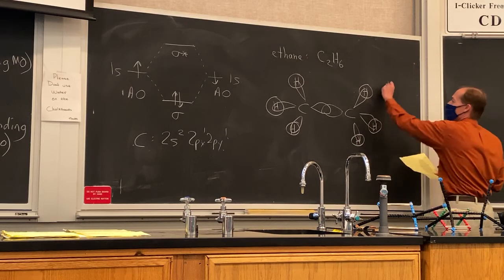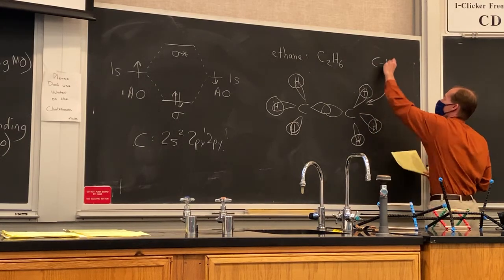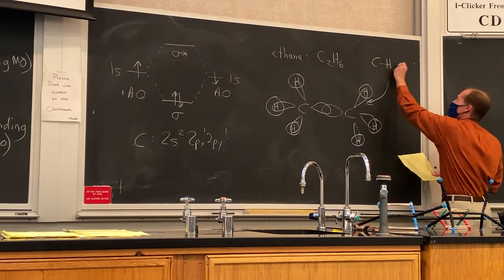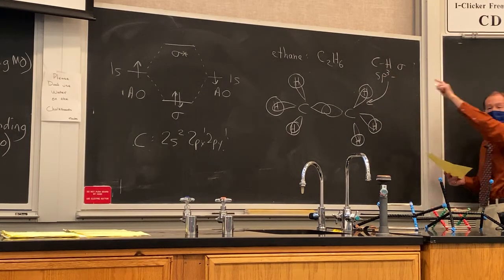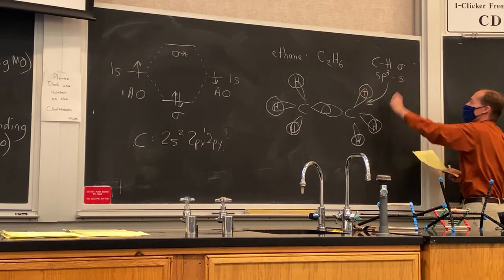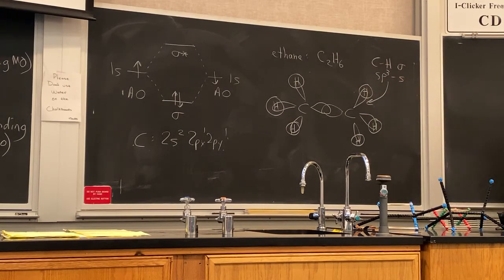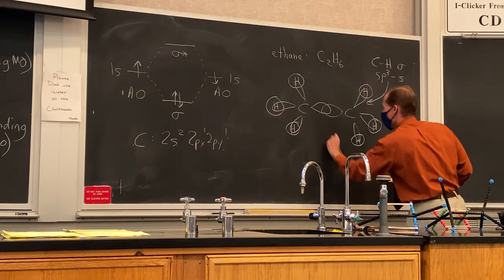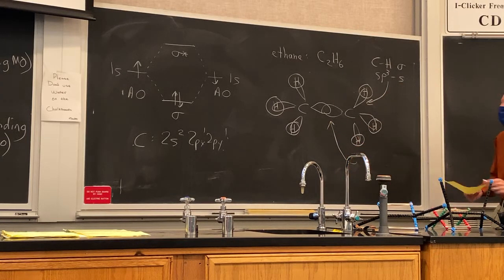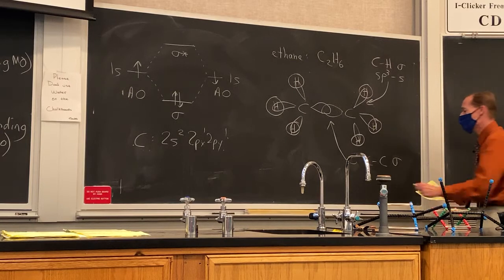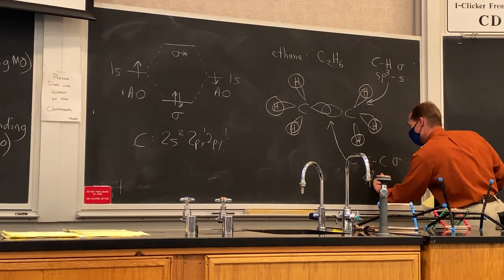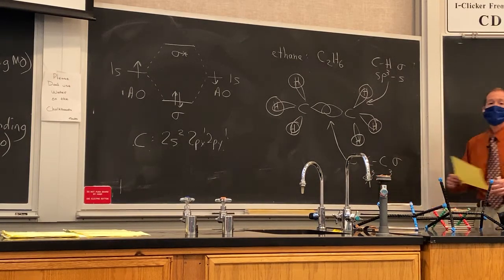So here, our carbon-hydrogen sigma bond is formed by overlap of an sp3 hybrid orbital on carbon and an s orbital, atomic orbital, on hydrogen. But then we have the carbon-carbon sigma bond, and that is formed by overlap of two sp3 orbitals, okay?